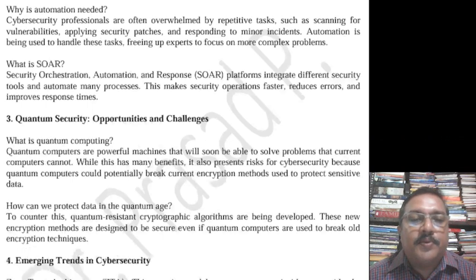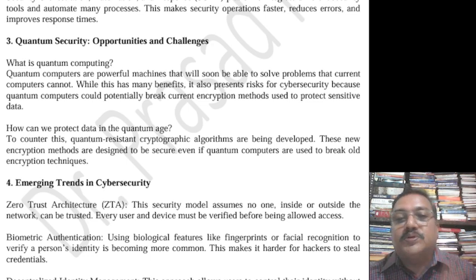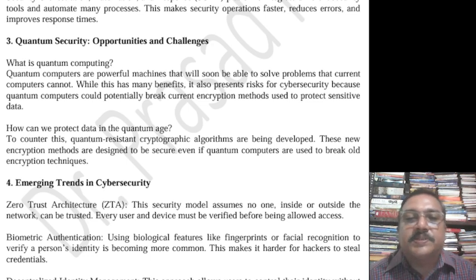Now quantum computing, the opportunities and challenges with quantum security. Quantum computers are powerful machines which will soon be able to solve problems which current computers cannot.